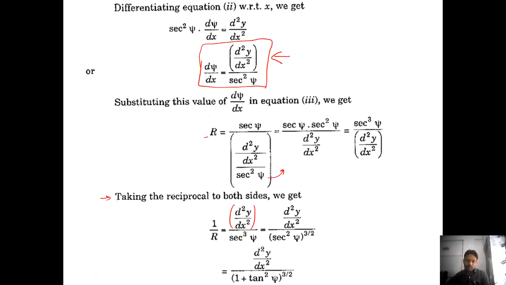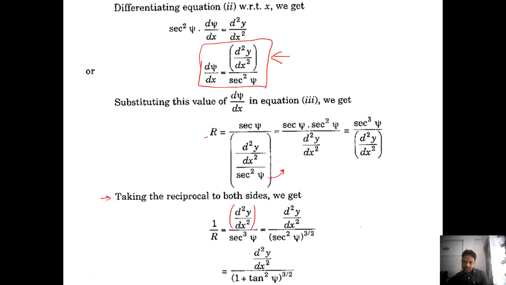Now we are adjusting this sec cube phi in terms of sec square phi. Why? Because we know the formula of sec square theta. Sec square theta is 1 plus tan square theta. That's why we have adjusted sec cube phi as sec square phi to the power 3 by 2.